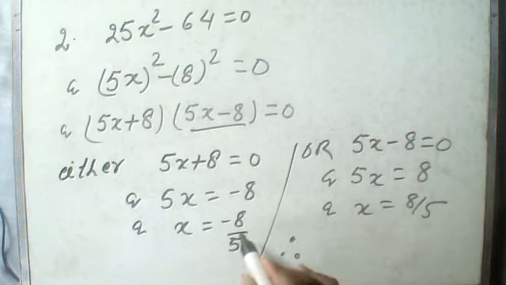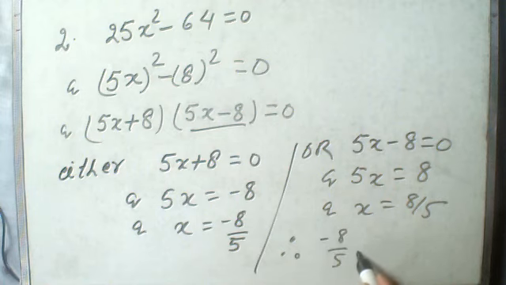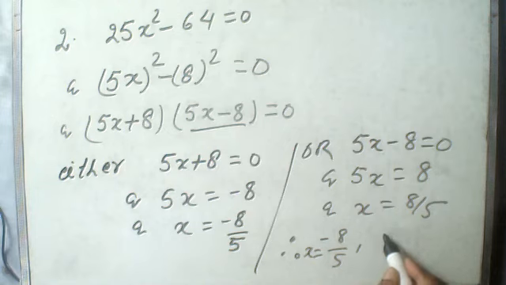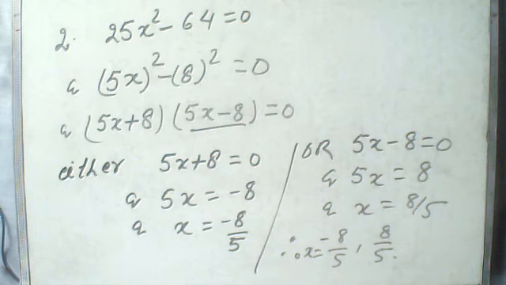So therefore we got the two values, x is equal to minus 8 by 5 or 8 by 5. These are the two solutions. We need to check whether minus 8 by 5 or 8 by 5 are the solutions of this or not. We can check this out also.